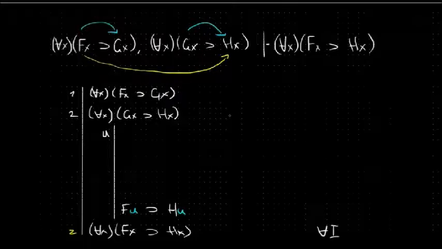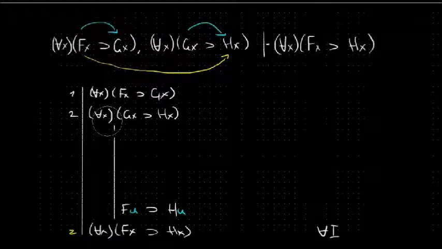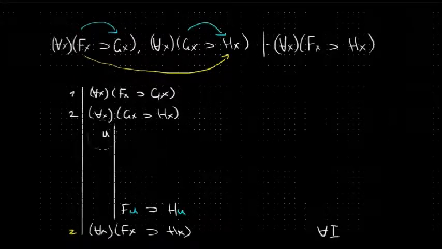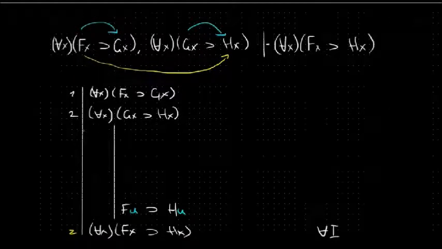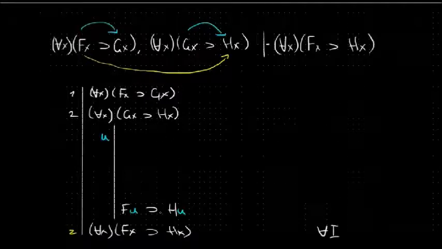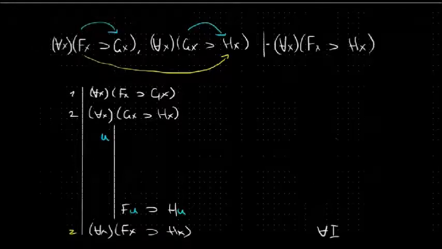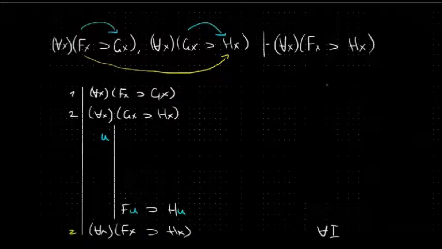Okay, let's change this parameter to a blue one so we can keep track of it. So at the bottom here, we're going to do the opposite step to that which we made in the beginning of our existential elimination.